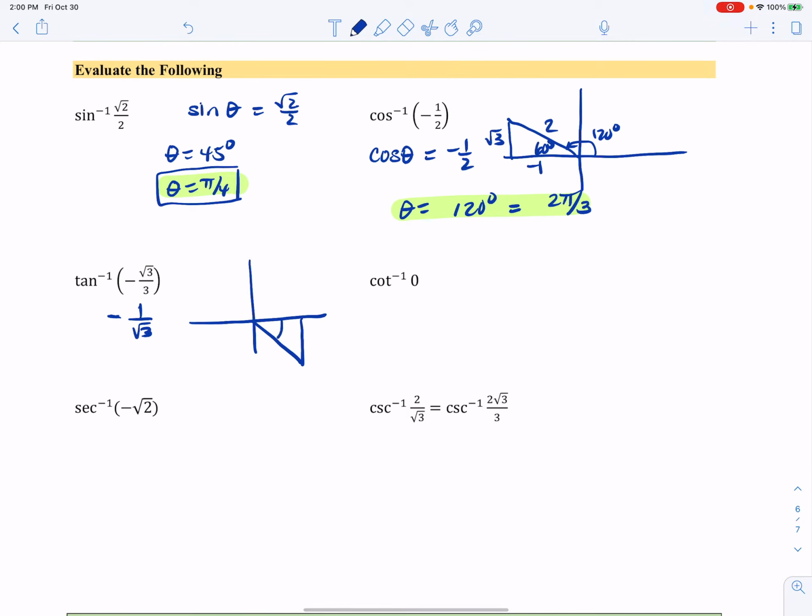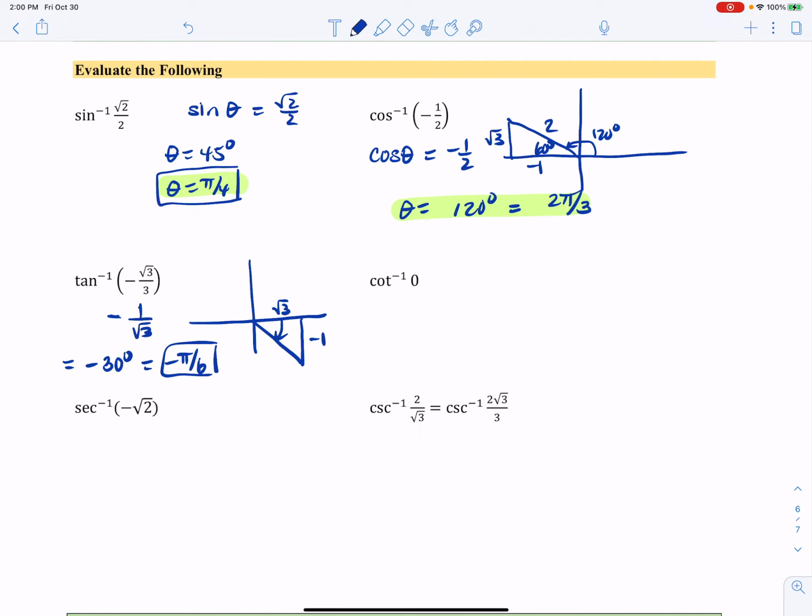So if this is my angle that I'm going to call theta, opposite is negative 1, adjacent is root 3. And notice that those signs match up because negative 1 goes down and root 3 goes to the right. Gee, I wonder what angle that is. That looks like a 30-degree angle. So our final answer is negative 30 degrees since we're in the fourth quadrant, which is negative pi over 6.